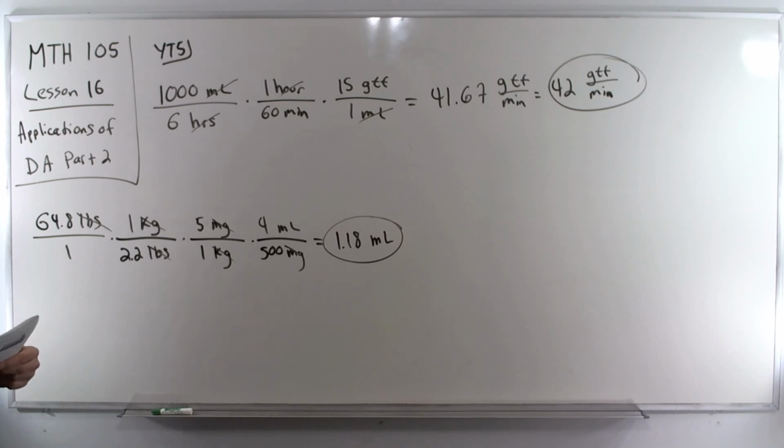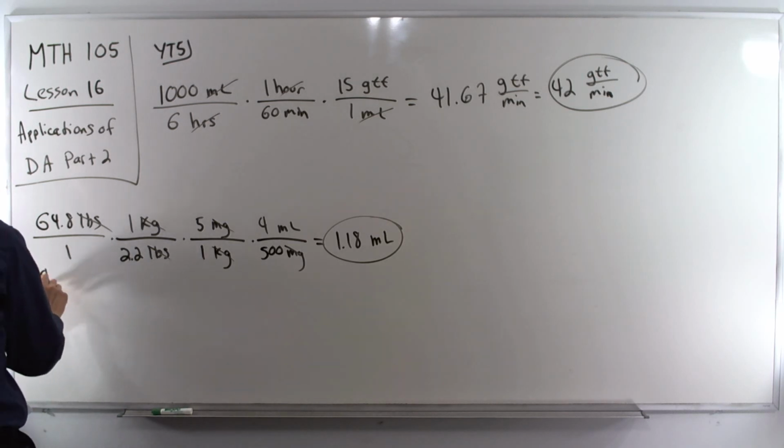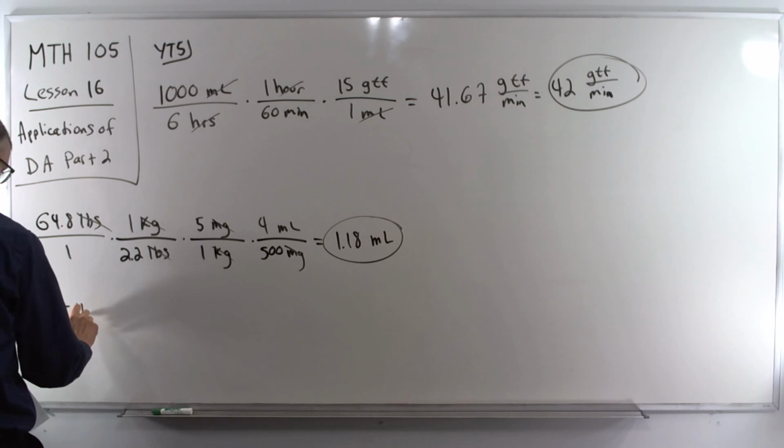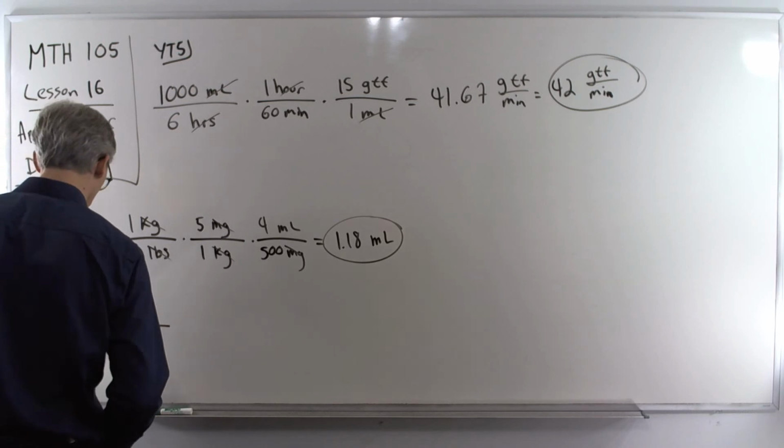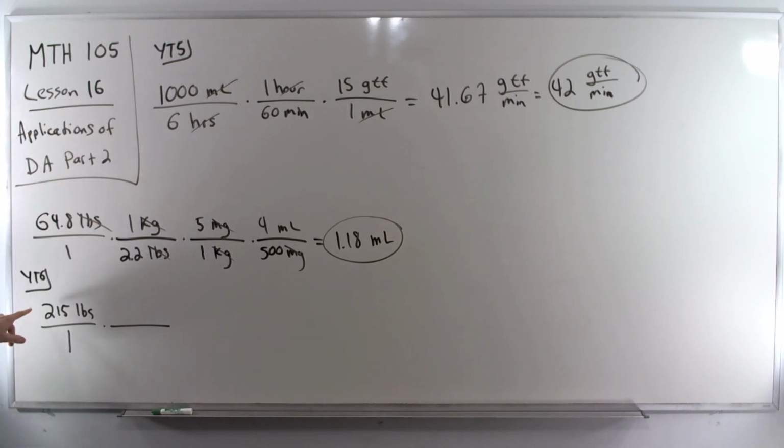How many milliliters of vancomycin should be given? So we're starting with the weight of the patient, 215 pounds, and we're going to eventually convert this into milliliters.